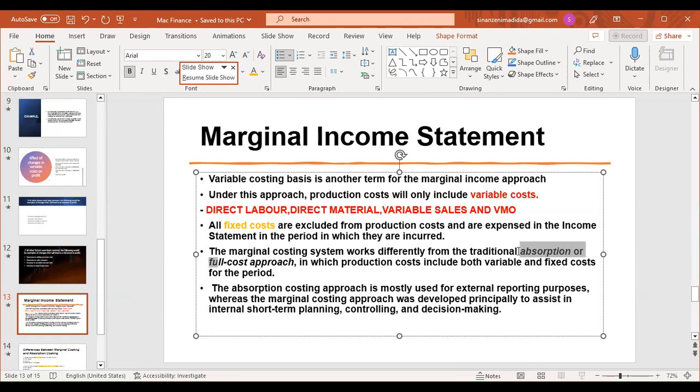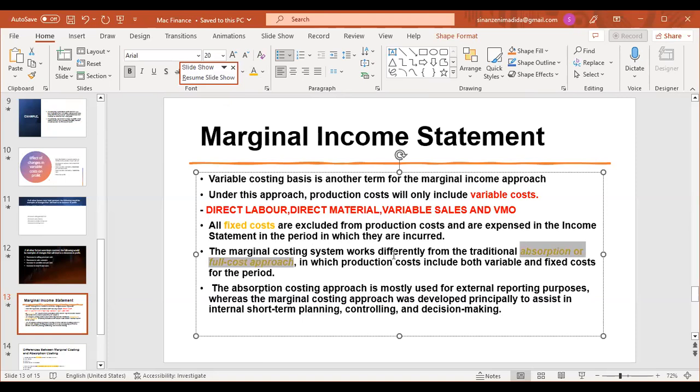It is just highlighted in your module guide, but we are not going to be using it because here we are in management accounting and finance. In finance, we are only interested in the marginal income approach, not the absorption costing method.